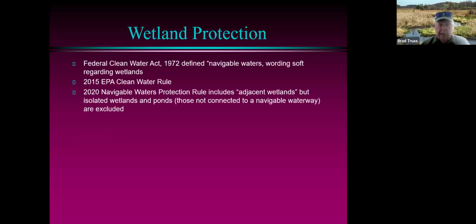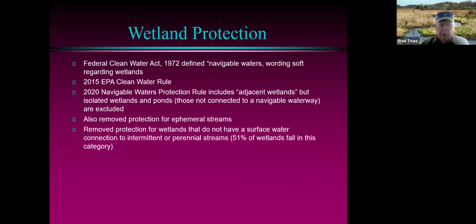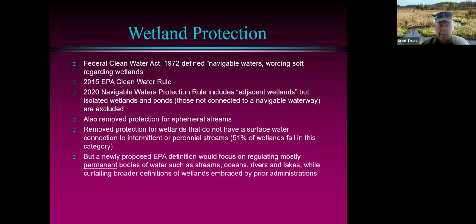But isolated ponds and wetlands were actually excluded from that because they're not connected to a navigable waterway. And they also removed protection from ephemeral streams, meaning streams that come and go. So it removes some protection from wetlands that don't have a surface water connection to an intermittent or perennial stream. And again, 51% of wetlands actually fall into that latter category. So that significantly reduced the impact of legislation that's protecting our wetlands.